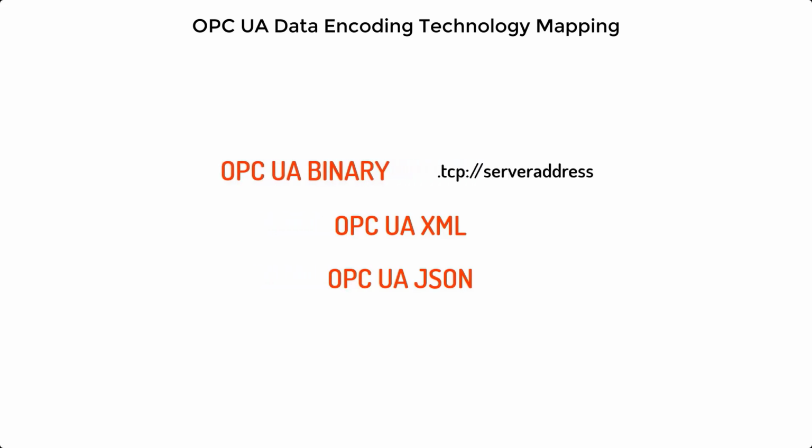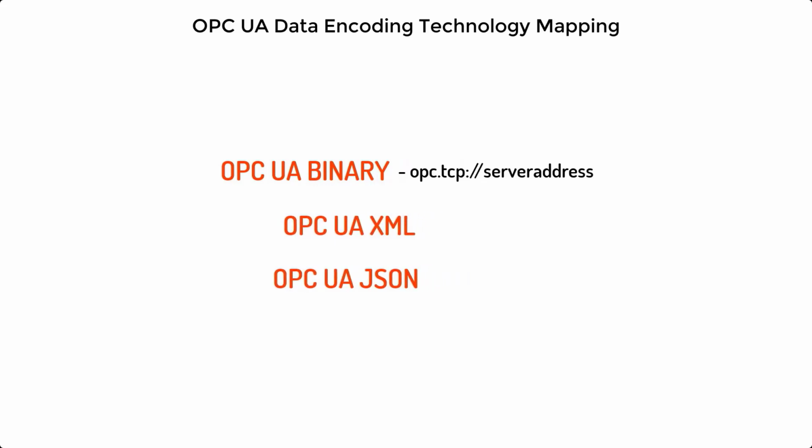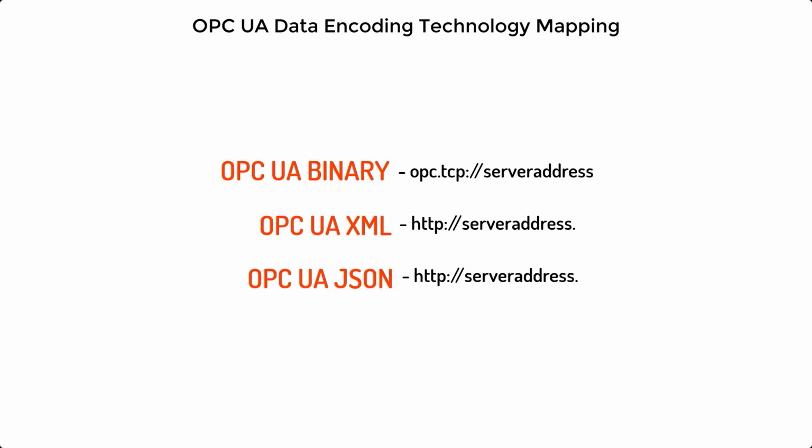Binary encoding uses OPC.TCP and then server address, while the XML encoding uses HTTP and the server address. However, it is important to note that encoding is not directly dependent on the protocol. While OPC.TCP is usually used with binary encoding and HTTP with XML encoding, it does not have to be the case.